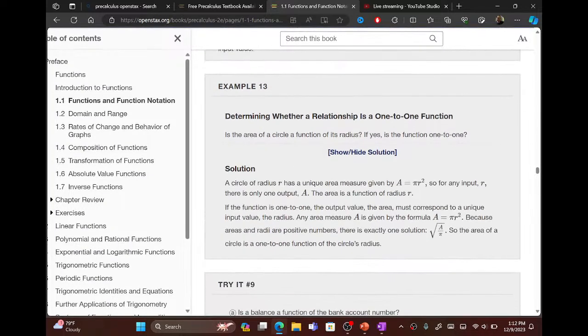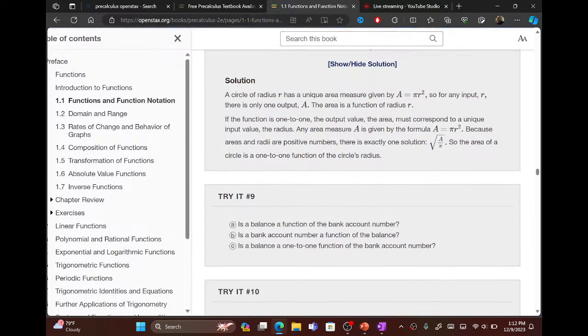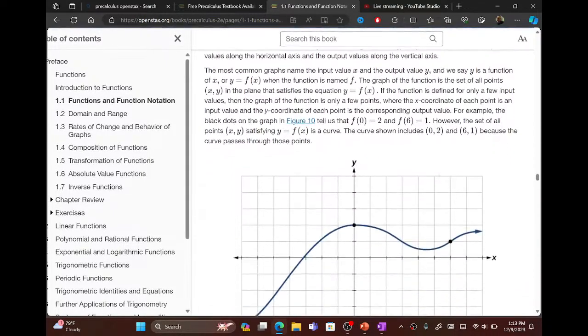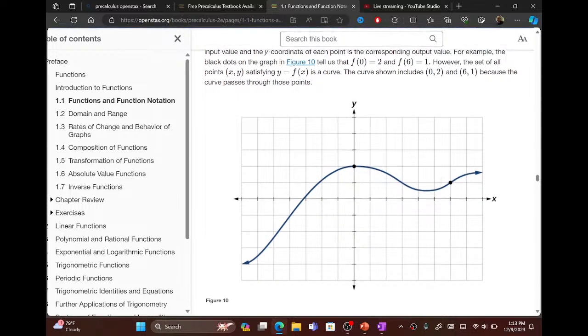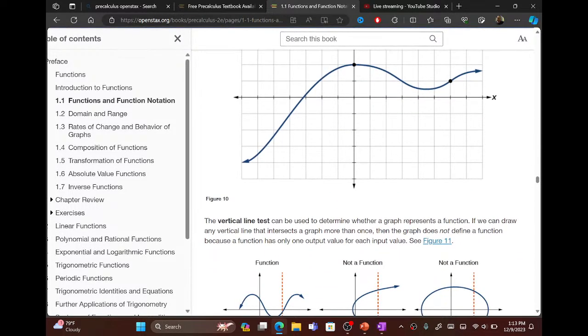In other words, let me go over here to the next part, because the horizontal line test just determines whether there's an inverse.